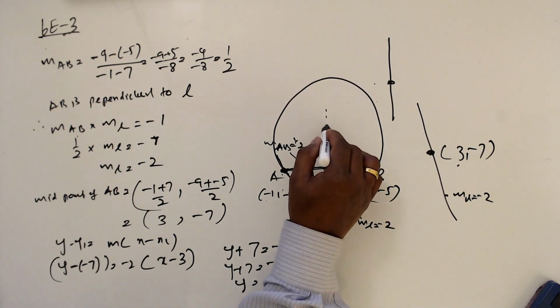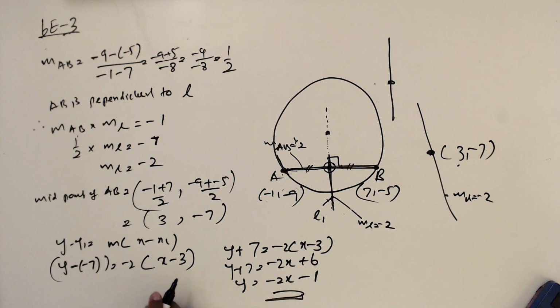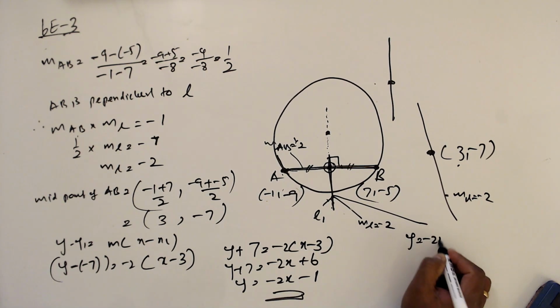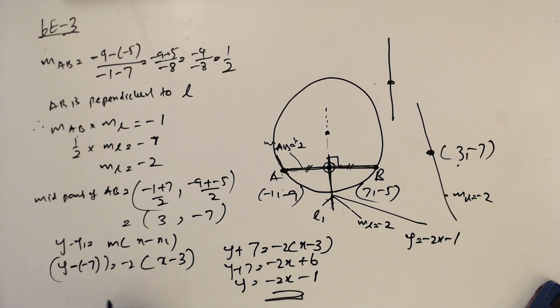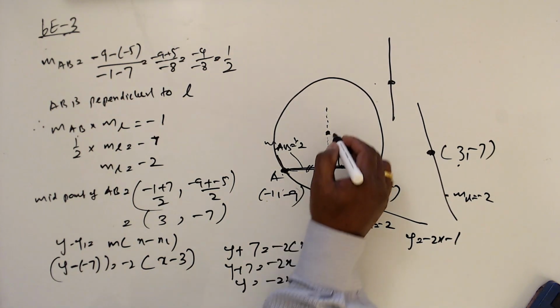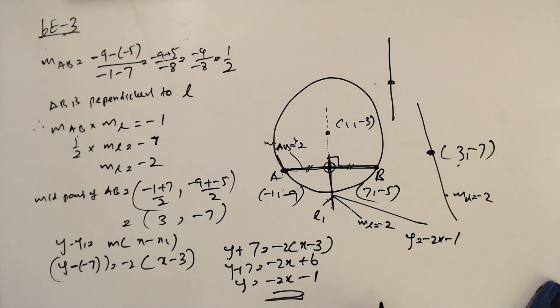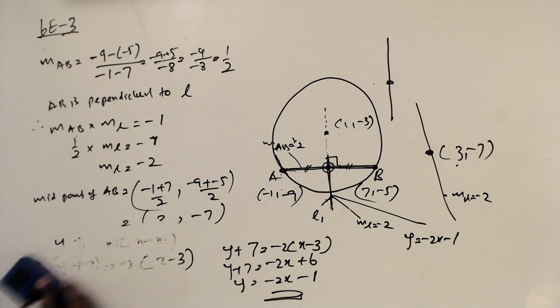We want to check that. We know the equation of this line is y equals minus 2x minus 1. Now what is the center? The center is 1, minus 3. Now we have found that the center is 1, minus 3.